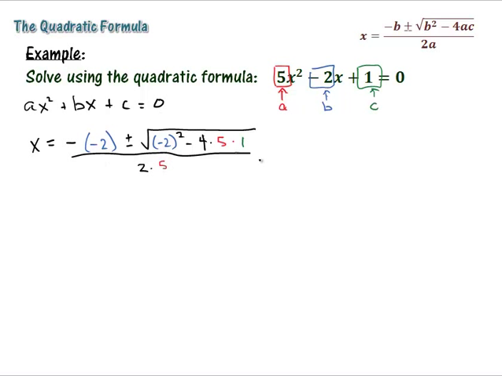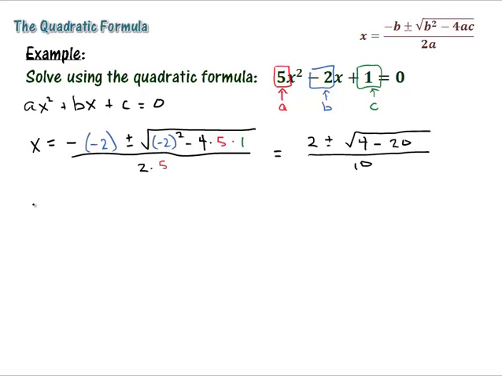Okay? So let's start simplifying this a little bit, and you're probably going to see where the issue is pretty quick. The opposite of -2 is 2, plus or minus the square root, -2 squared is 4, minus 4 times 5 times 1 is 4 times 5 is 20, times 1 is 20, and that's all over 2 times 5 is 10.